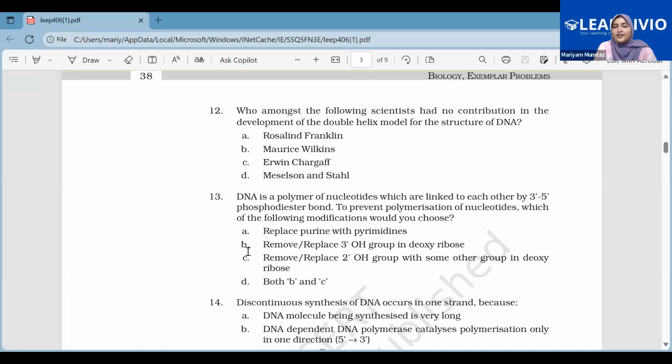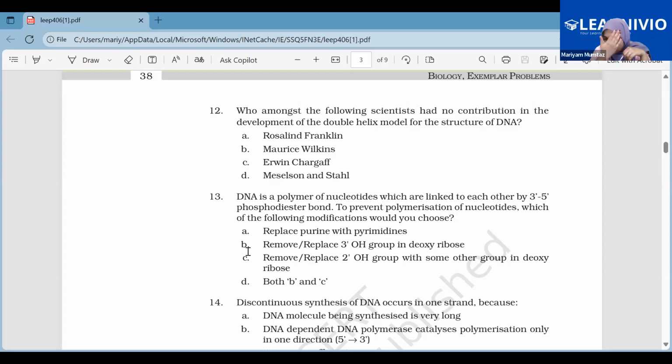Are you following your luck? What did Meselson and Stahl do? Ma'am, your voice is low. I'm saying, what did Meselson and Stahl do? What is the role that they played in the entire molecular basis?